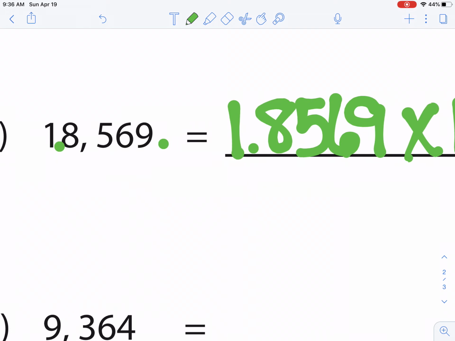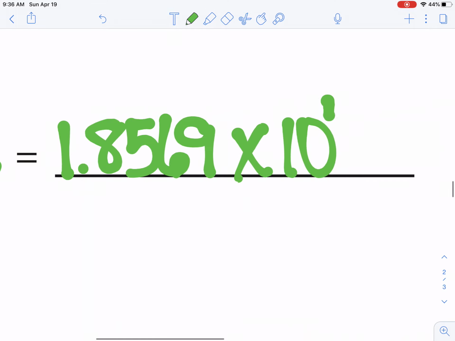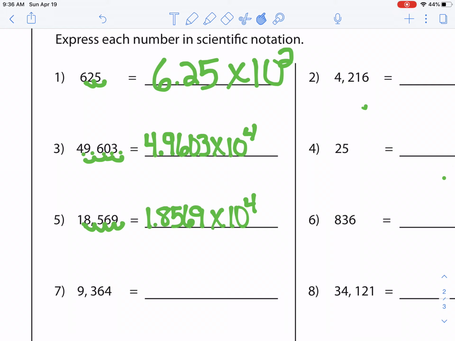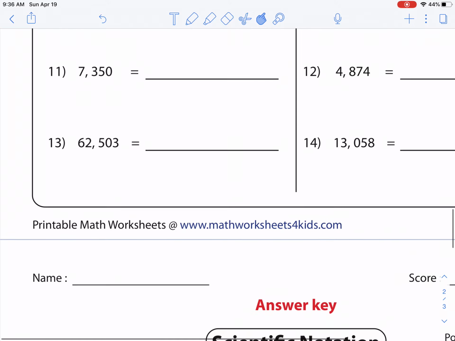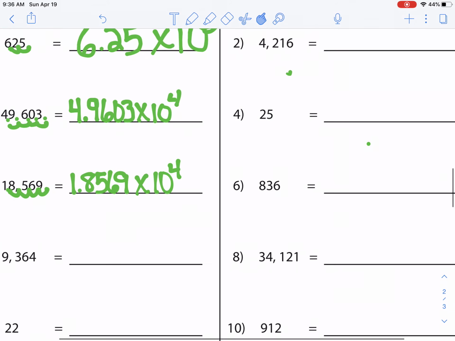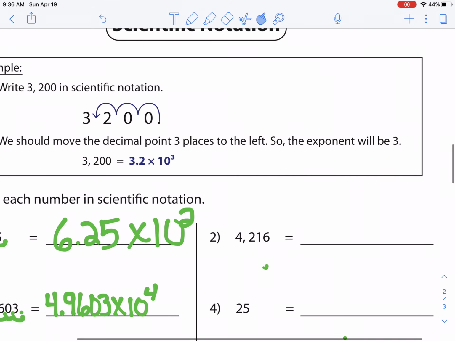And how many place values was that? 1, 2, 3, 4. Okay. So those were all examples of numbers greater than 1. Right? Those were all not decimals, so they all had positive powers. Okay? I think all of these will have positive powers on this worksheet.